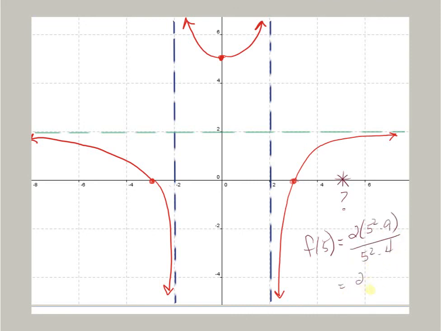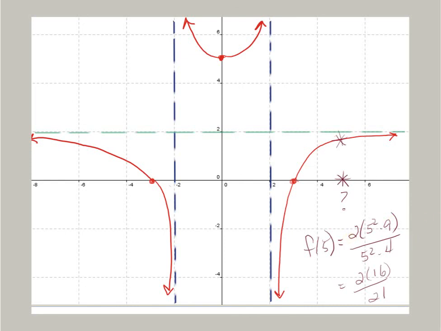So that would be 2 times 25 minus 9, which is 16, so 2 times 16, over 25 minus 4, which is 21. So this is some positive value. 32 divided by 21, it's bigger than 1, right? So it's about here-ish, which is about where we were. So this is great. That gives us the information that we needed. But you can plug in test points to figure out what you don't have if you need to do that.